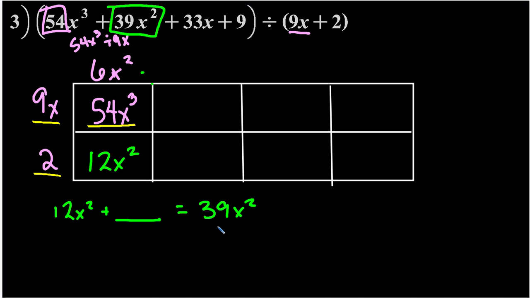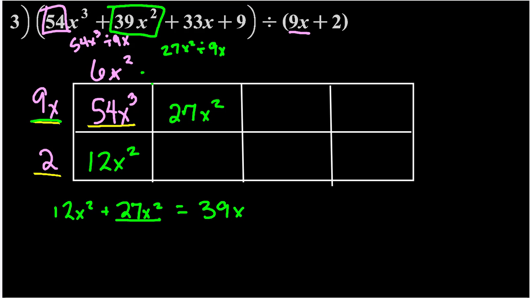And so when we subtract 12 over here, we end up with 27x squared is what we needed. So 27x squared goes here. Take 27x squared, and we're going to divide that by 9x from right here.